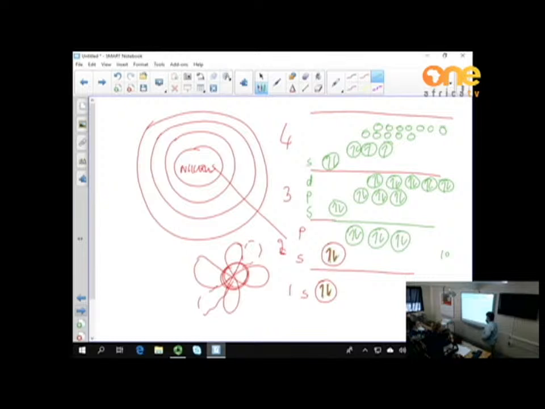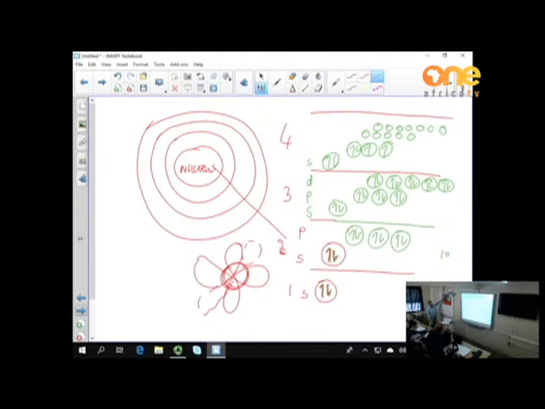Okay. Now, before I go any further, when I look at the periodic table, it's actually quite spectacular. You can also divide up this periodic table into S, P, D, and F block elements. It means the S block elements have their outer shell electrons in an S sublevel.